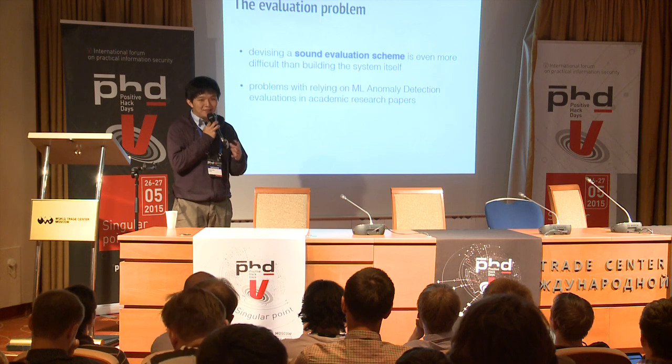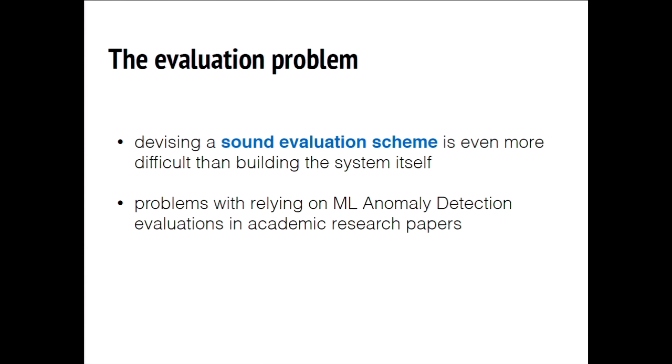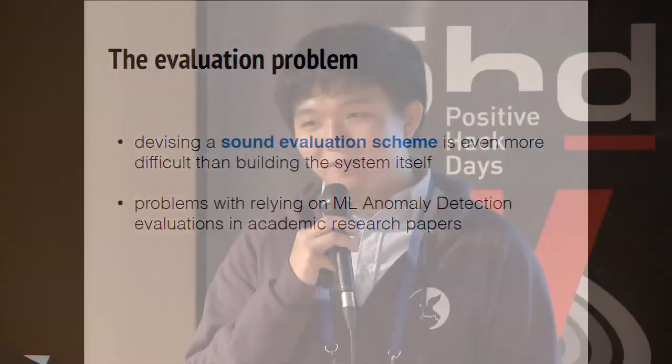So devising a sound evaluation scheme is even more difficult than building the system. As mentioned earlier, you have to evaluate how accurate the system is. And if you had a ground truth set for anomalies, then again you are kind of solving the problem that you already solved. You don't need an anomaly detector, because you already know what's anomalous. So a lot of the problem with academic papers in machine learning anomaly detection is that they're using the same data set from the 1980s. They use the Abilene and Geant data set, and it's only on one kind of system.